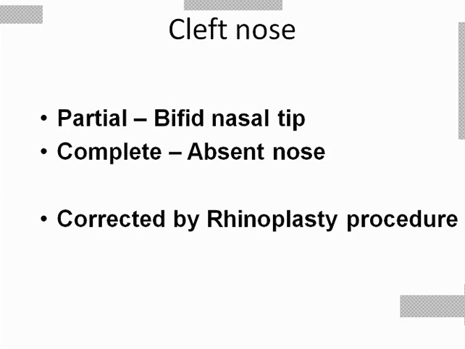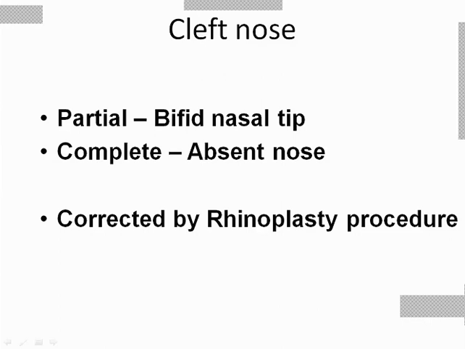Or sometimes there is complete absence of the nose because of failure of fusion of the medial nasal placodes, resulting in arhinia. That means no nose at all, only two pits, two holes. These are all corrected by rhinoplasty procedures, corrective procedures.